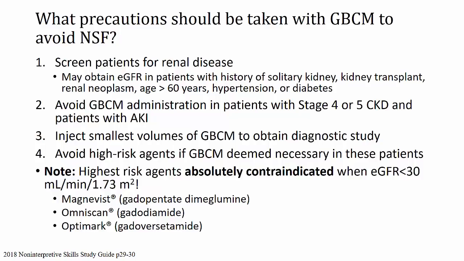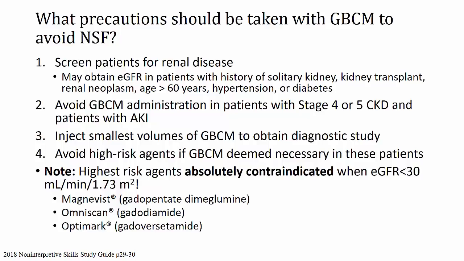We avoid gadolinium-based contrast media administration in patients with stage 4 or stage 5 chronic kidney disease and any patient with acute kidney disease. We inject the smallest volumes of gadolinium possible to obtain the diagnostic study. We avoid high-risk agents if gadolinium-based contrast media are deemed necessary in patients who are at risk.